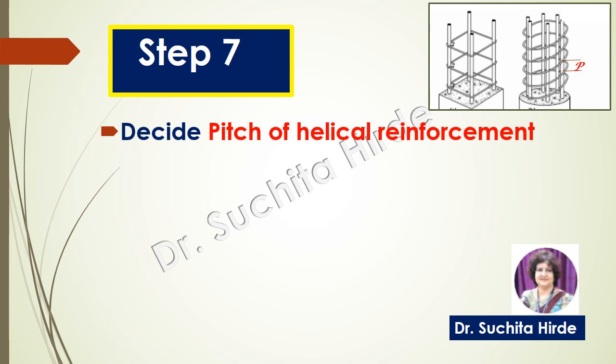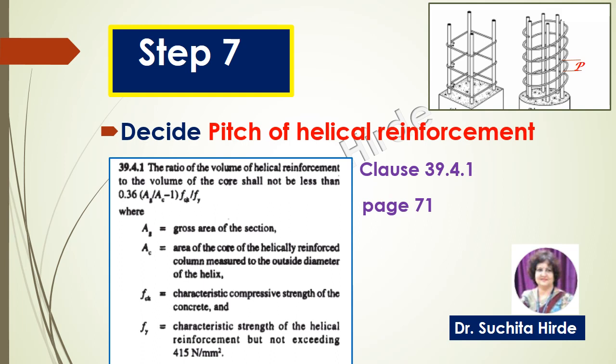Next, let us understand how to decide pitch when the transverse steel is provided in the form of helix as shown in figure 2. The clauses related to this are given on page number 71, clause number 39.4.1. So this is what is given in the IS 456. Now let us understand this in more detail.